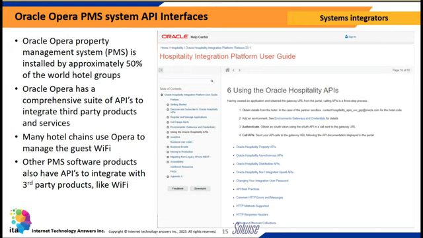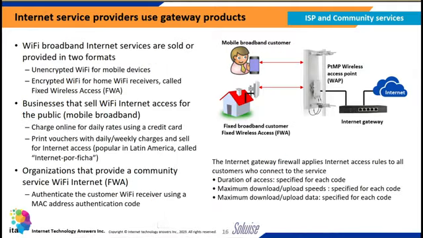We see a lot of Oracle systems because they're used in about 50% of the hotels worldwide. So it's very, very popular software, not the cheapest. It's quite expensive software, but it really has every type of feature that a hotel will need to manage the business. And we're not talking about only guest check-in. This type of software has inventory management, staffing, scheduling, that type of thing. So it's got a lot of features to manage the business.